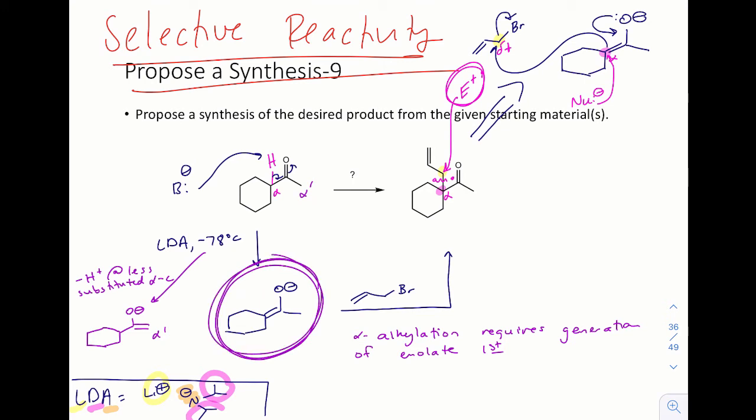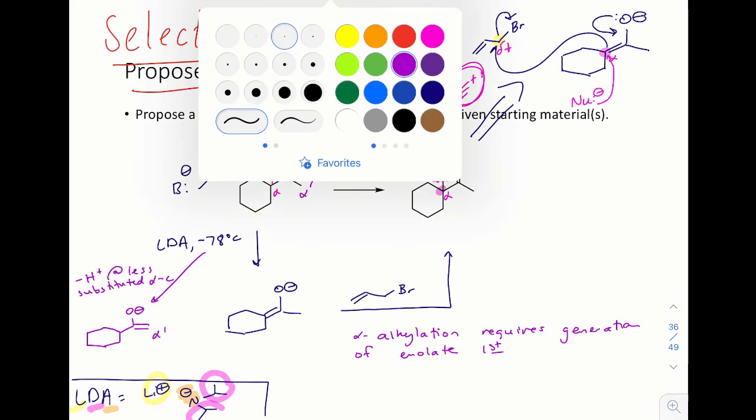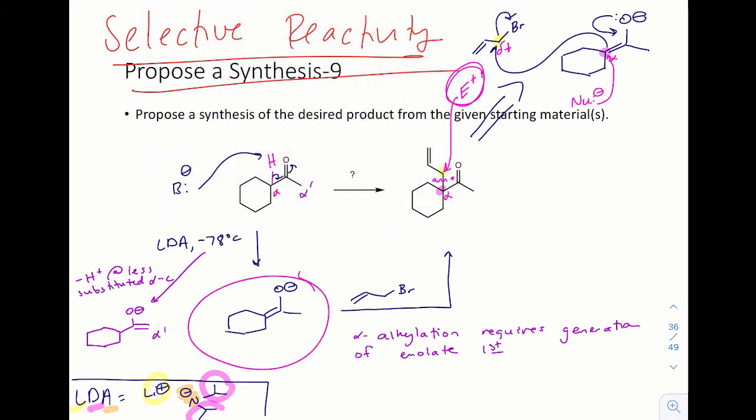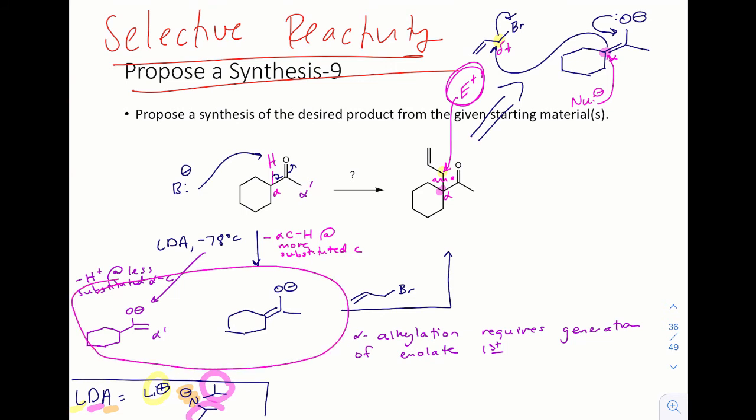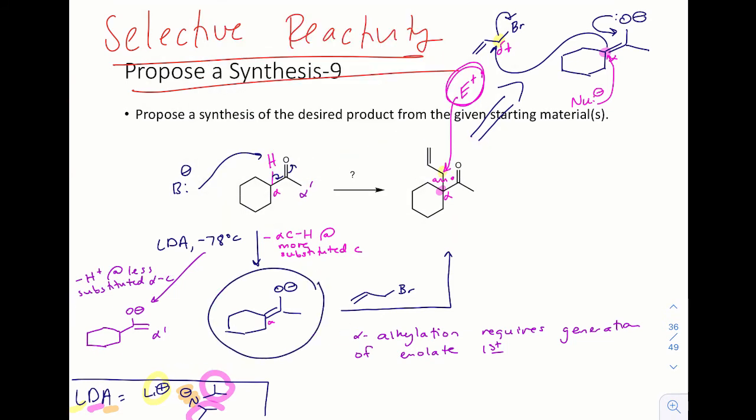What is desired is deprotonation at the more substituted alpha carbon, the tertiary alpha carbon, to generate this enolate. Just comparing the two enolates, we see that this one, the desired one, looks like a tetrasubstituted alkene, whereas this one resulting from deprotonation at alpha prime looks like a disubstituted alkene. Thus, this enolate is more substituted and represents the more stable alkene.